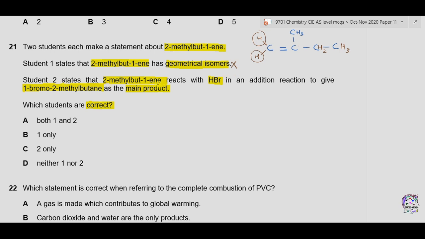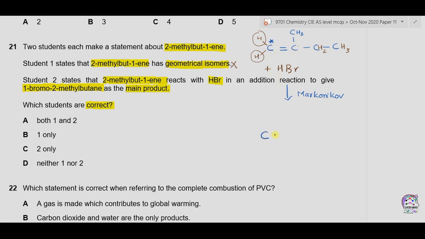Student 2 states the addition of HBr in an addition reaction, so we can add HBr to this compound. In an addition reaction, the major product follows Markovnikov's rule. According to this rule, the hydrogen atom attaches itself to the carbon atom that already has more hydrogens present. So hydrogen will move to this carbon and Br will move to the other carbon. So let's draw the product.